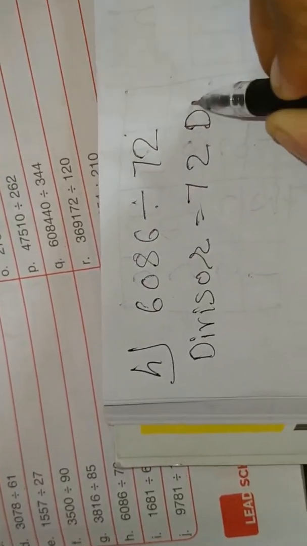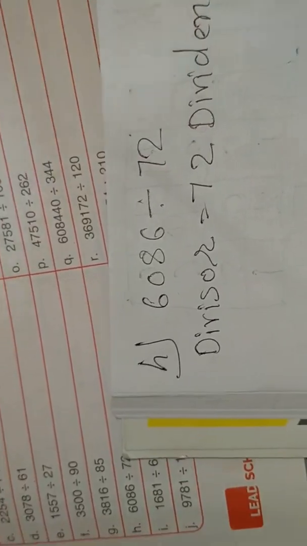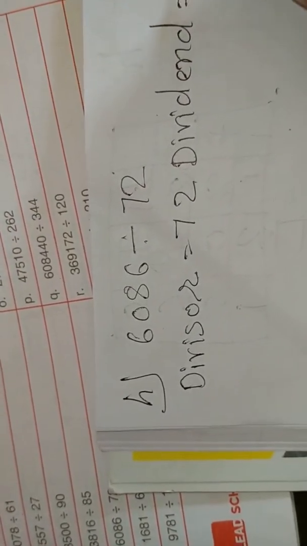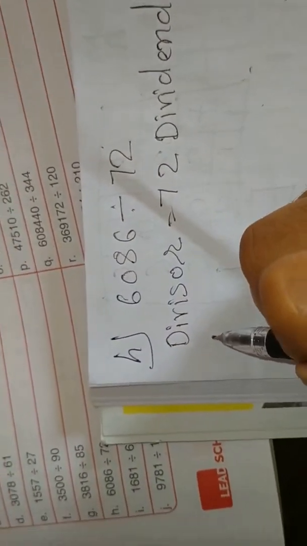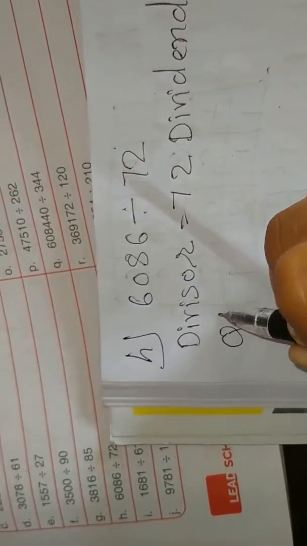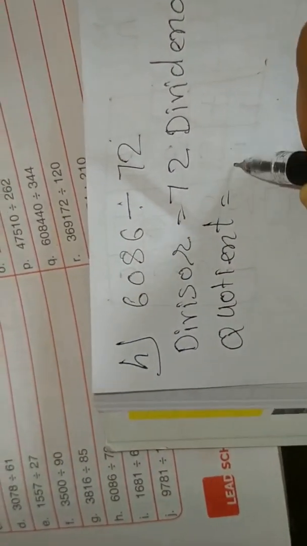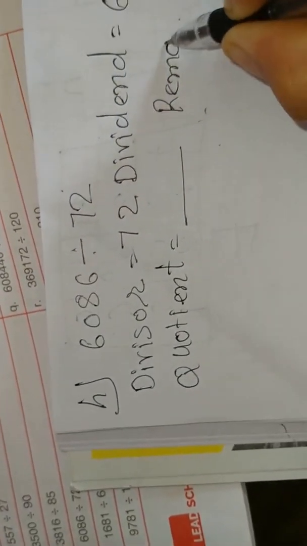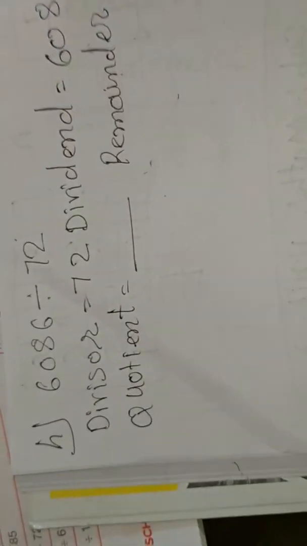Dividend is equal to 6086. Quotient is equal to dash and remainder is equal to dash.